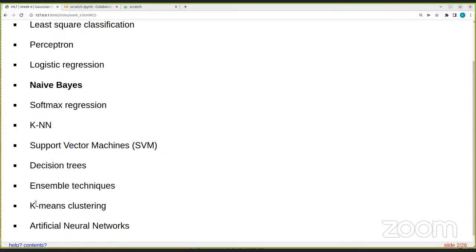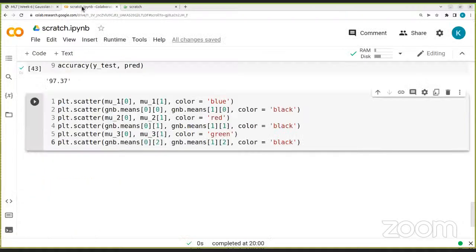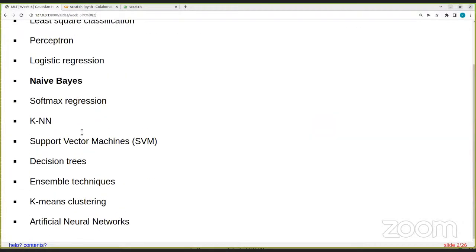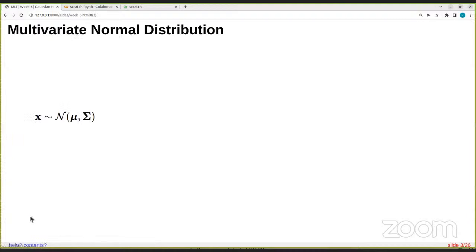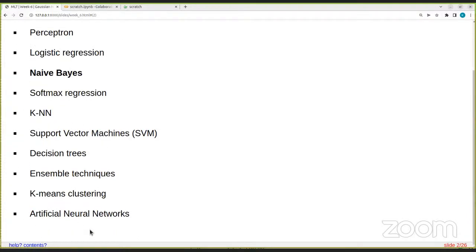But neural networks, support vector machine, softmax regression, logistic regression, perceptron, least squares linear regression, all of these use gradient descent. And anyway, if you start working on neural networks, nowadays everything is about neural networks, the only way is to see what's happening to the loss.